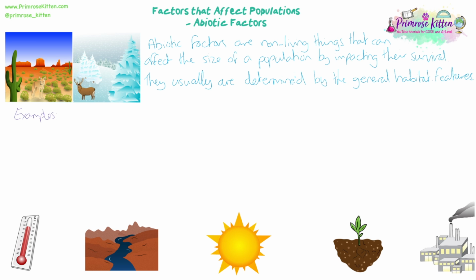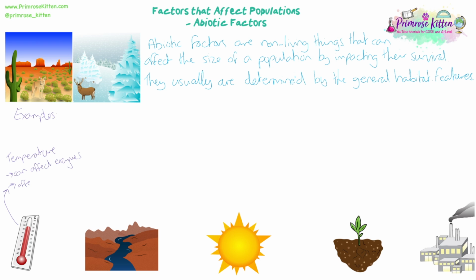Okay, so our first example, and they're all related to the pictures at the bottom, is temperature. Now, the main factor that temperature controls is that it can affect enzyme-controlled reactions. So pretty much all living organisms could potentially be affected by temperature. It can also affect the water availability. If we're thinking about something really hot and desert, it tends to also be dry.